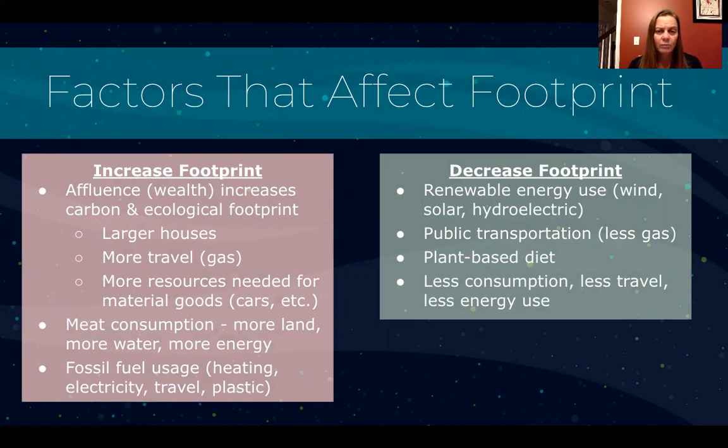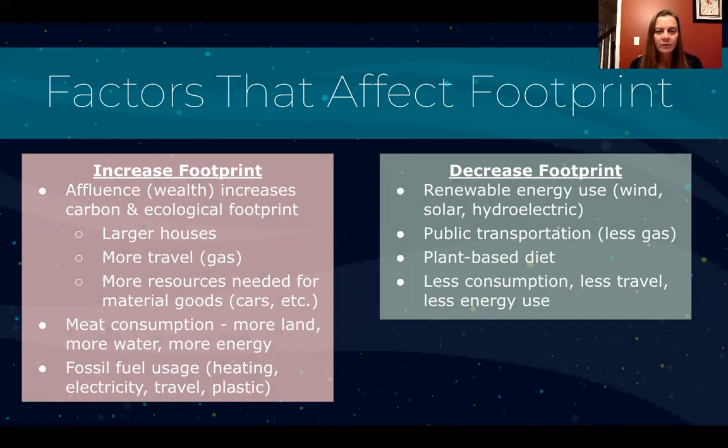So here are things that people can do to decrease their footprint. One big contributor is using renewable energy, so wind energy, solar energy, hydroelectric energy, even geothermal energy. So using some form of renewable energy. Using public transportation, because that reduces the amount of gas.